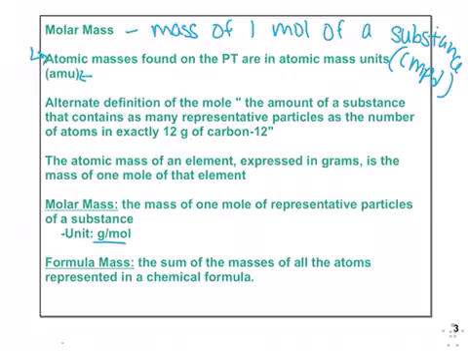So your molar mass will have a unit of grams over moles. Your molar mass is the mass of 1 mole of the representative particles in a substance. And the formula mass is the sum of the masses of all the atoms represented in the chemical formula. This is a lot of words for a very simple concept.